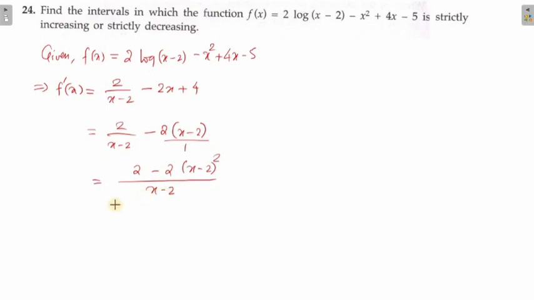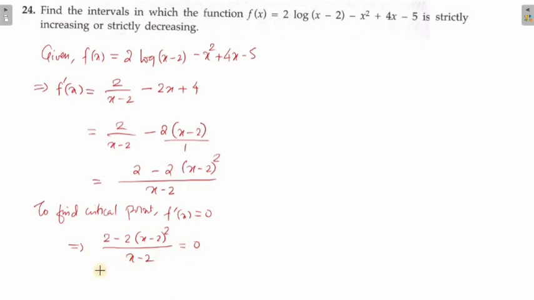To find the critical points, we must have f'(x) = 0. Now you know f'(x) is 2(1 - (x - 2)²) divided by (x - 2), so this is equal to 0.